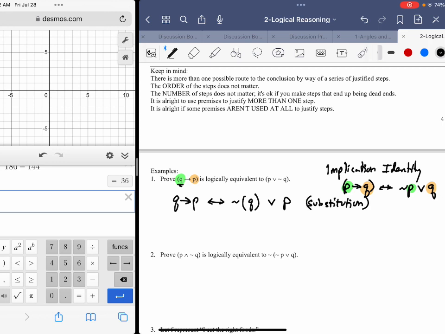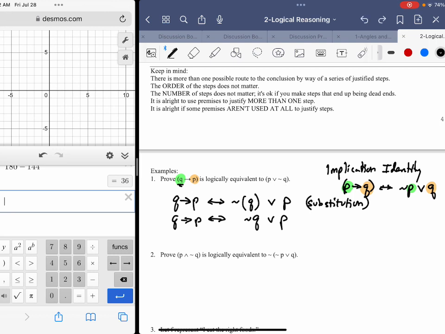When we prove something, you need a justification for everything you do. So we're applying the implication identity. You could say substitution into the implication identity, but as long as you indicate what the implication identity is, that's perfectly fine. So Q implies P is the same as not Q or P, which is this expression just reversed.